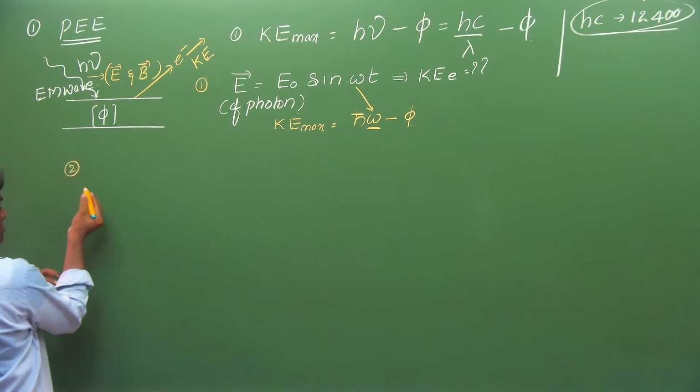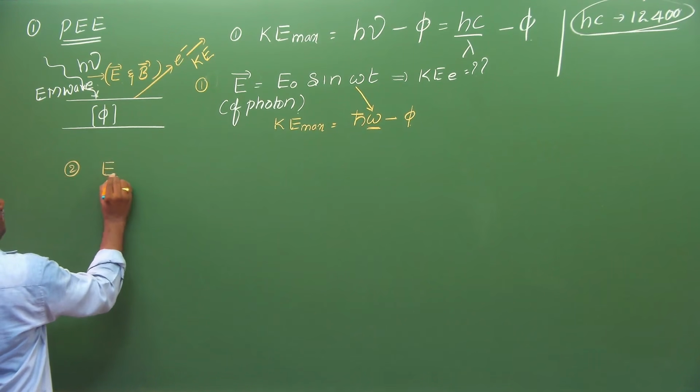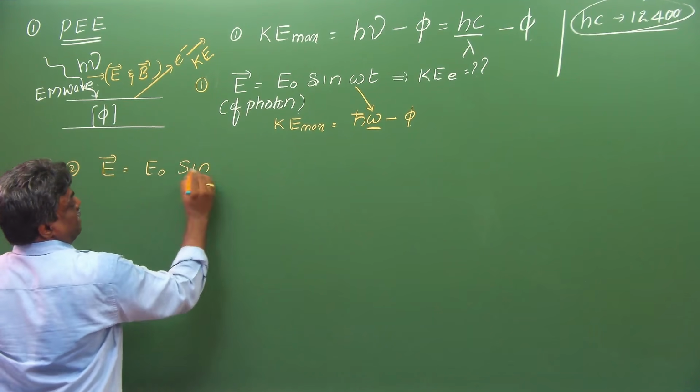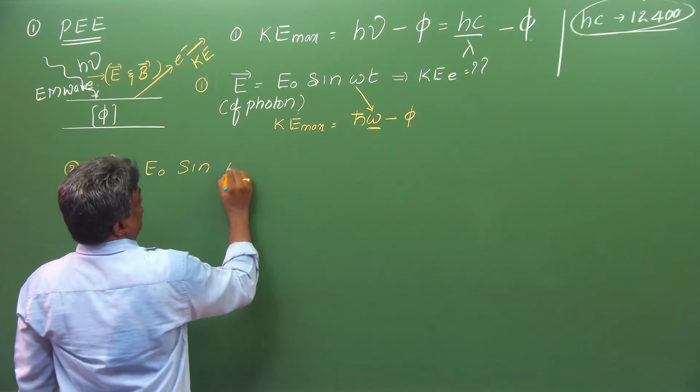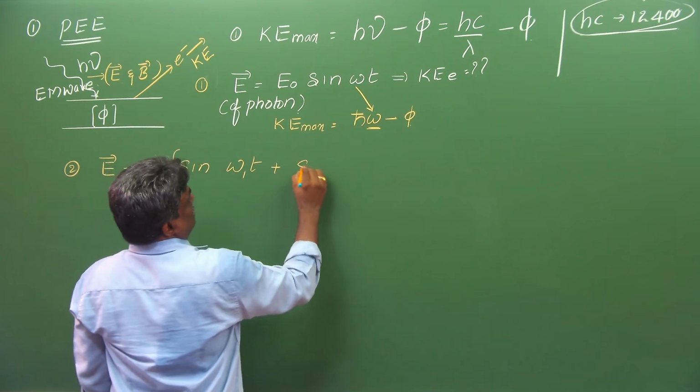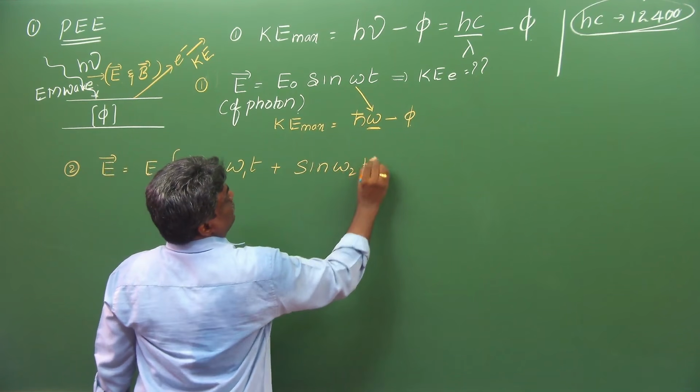Second model. Again they are giving the electric field of the photon, which is E naught sine, listen carefully please, E naught sine omega 1 t plus sine omega 2 t.